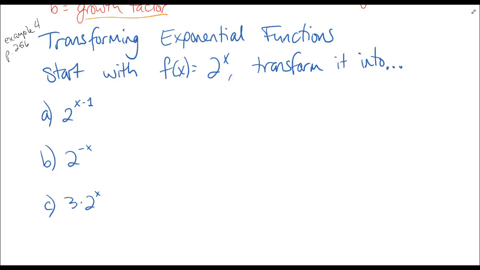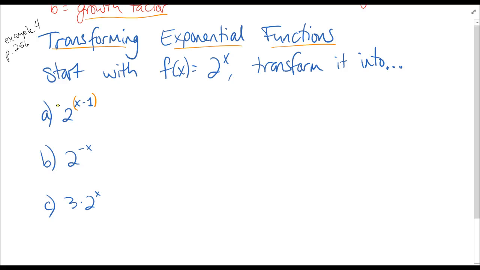Now, how about transforming these exponential functions? Well, the graphs are going to behave like all the polynomials that we did, with the vertical translation, moving it up and down, and the horizontal translation. Now, the decision-making paradigm is that when you do something to the x before continuing with the rest of the equation, that will be a horizontal shift, right and left.